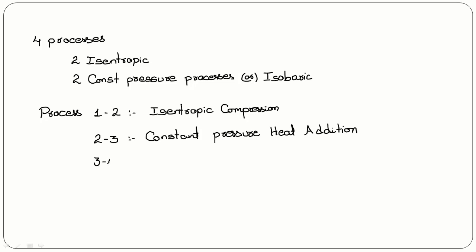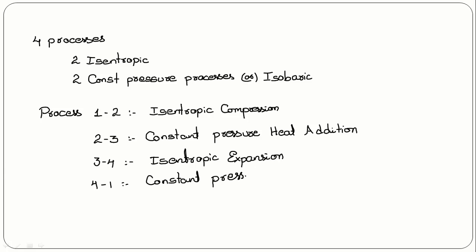Process 3 to 4 is isentropic expansion. And process 4 to 1 is constant pressure heat rejection. So these are the 4 different processes that we come across here.